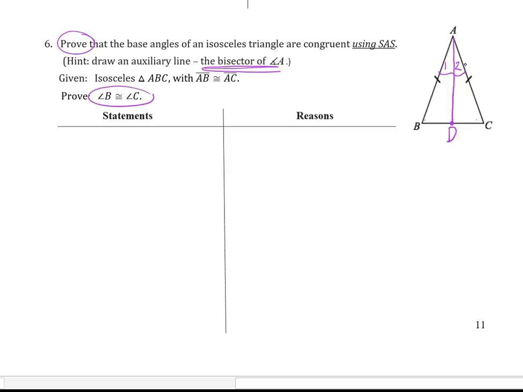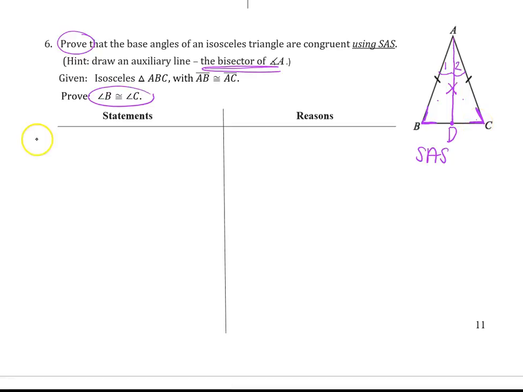They gave me that this is an isosceles triangle, so by definition here, AB and AC are congruent. I also have this shared side, the auxiliary line. So I can prove these two triangles are congruent by side, angle, side. Once I have them congruent, then their corresponding parts, B and C, must also be congruent.